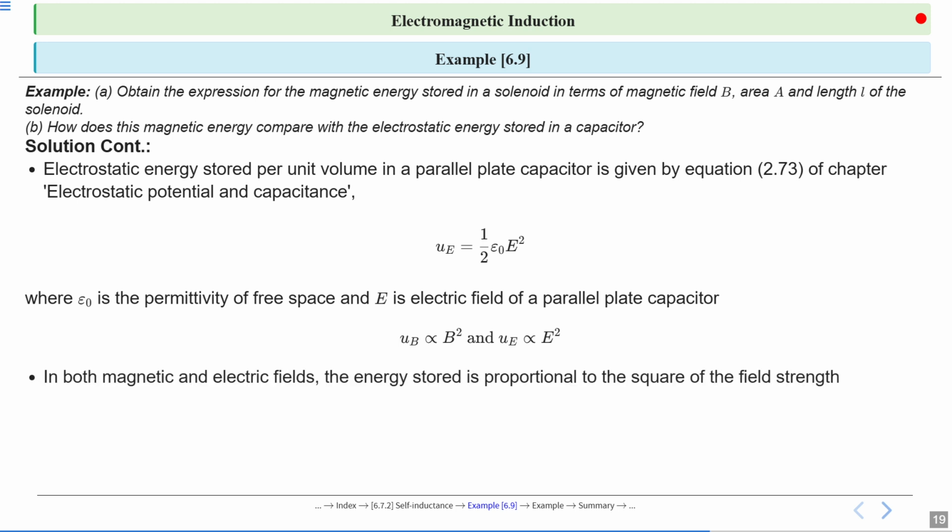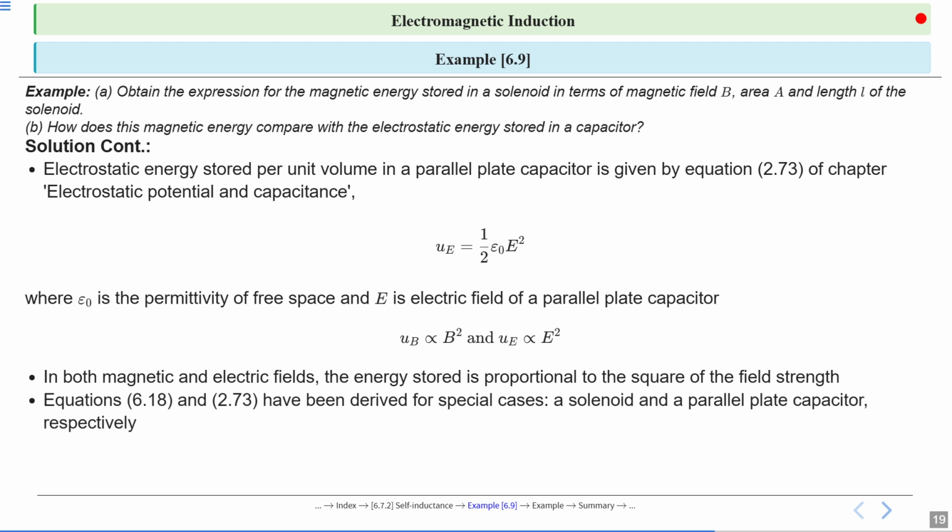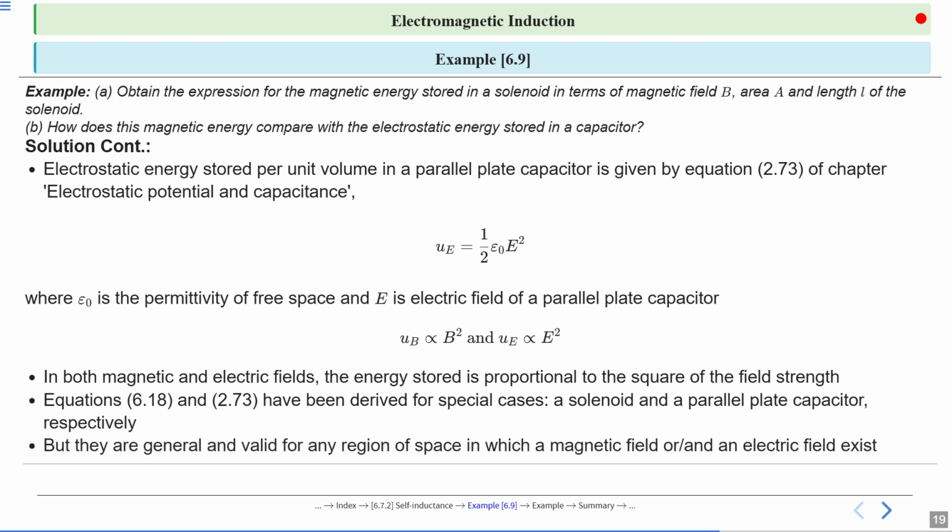So in both magnetic and electric fields, the energy stored is proportional to the square of the field strength. Equations 6.18 and 2.73 have been derived from special cases, a solenoid and a parallel plate capacitor respectively, but they are general.